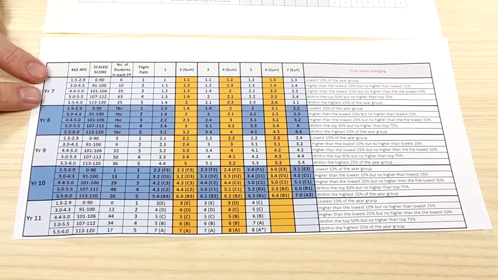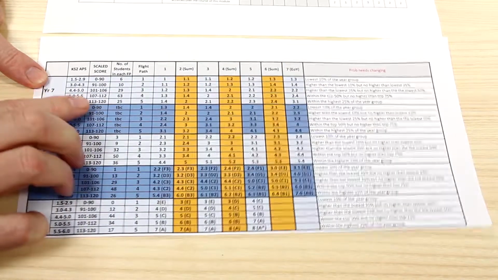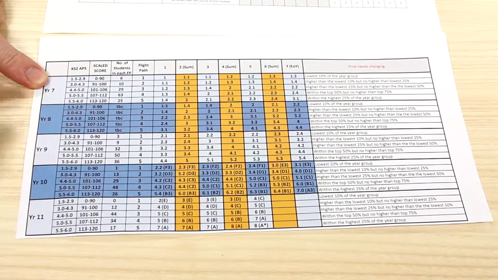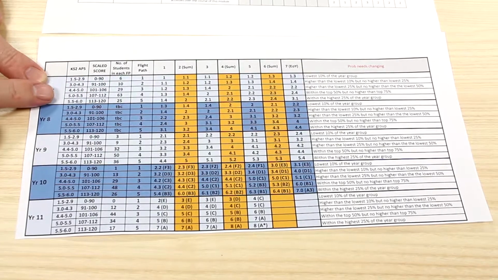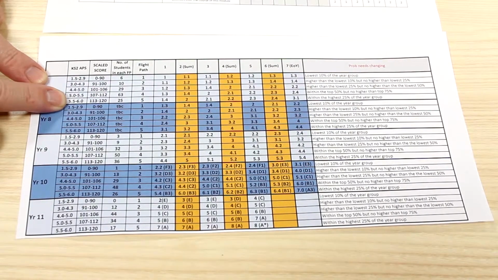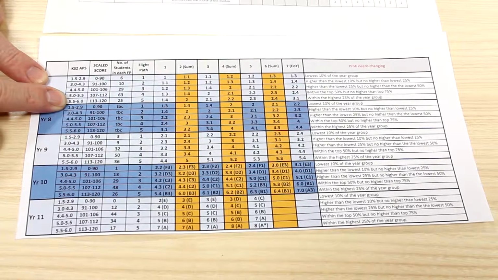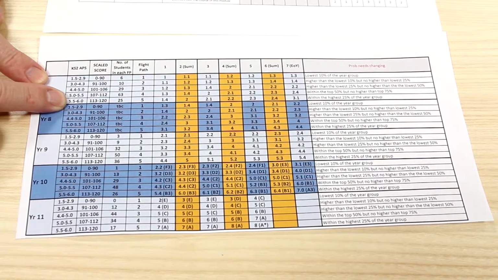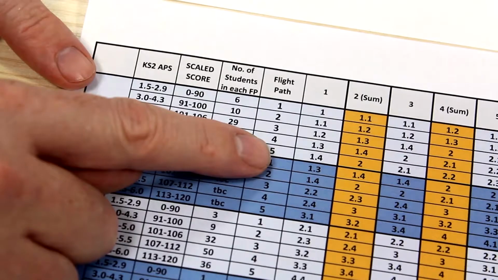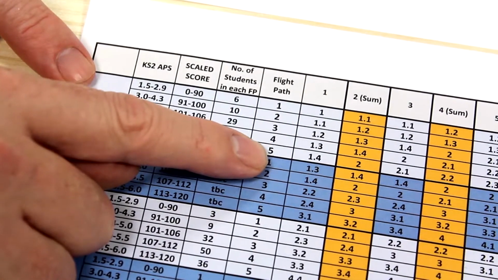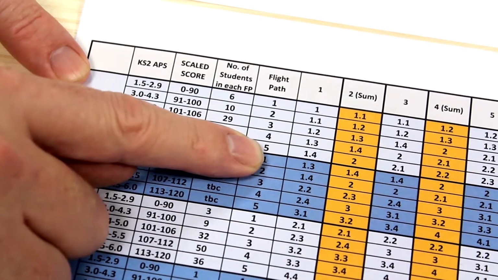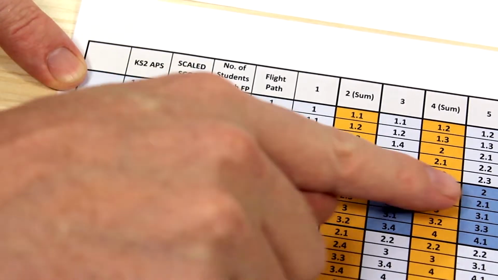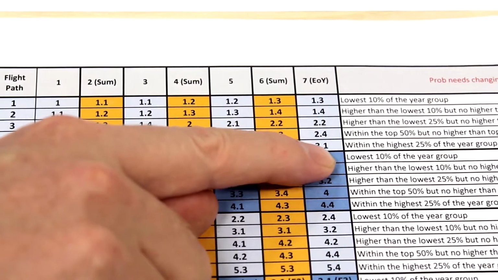If your child is very high performing and they got a scaled score of between 113 and 120, or a level of between a 5B and a 6, they would go into flight path 5, the very top flight path, and they would have an end of year target of a 3.1.